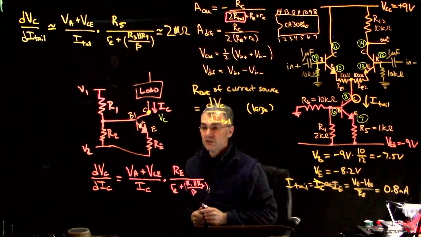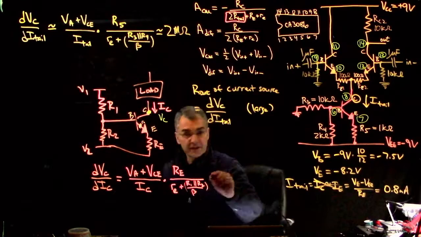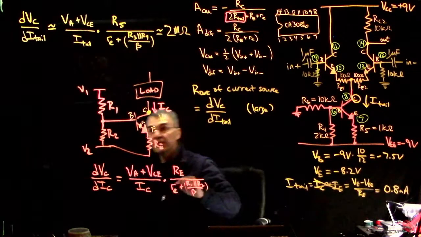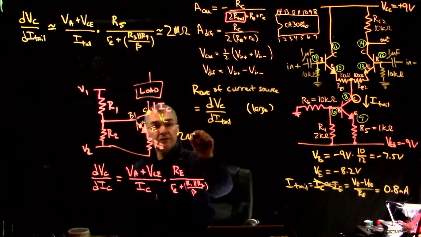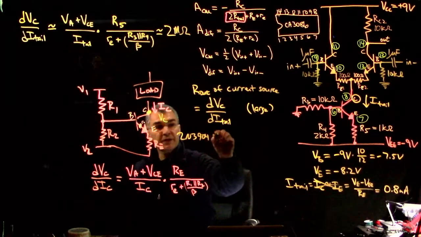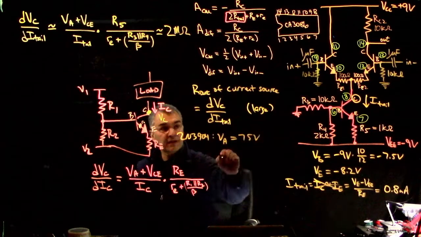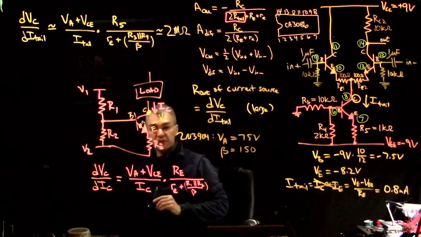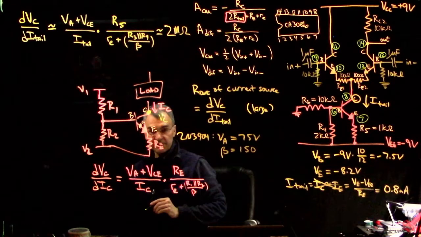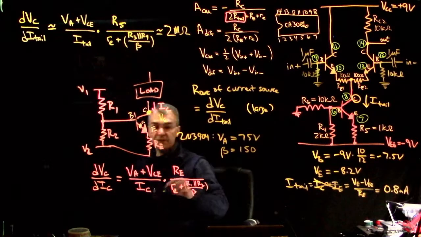Okay. So then if we plug in numbers for this scenario, for the 2N3904, we have the early voltage is 75 volts, and beta is about 150. I think it might be 140. Well, let's say it's 150. And RE was 1 kilo ohm.